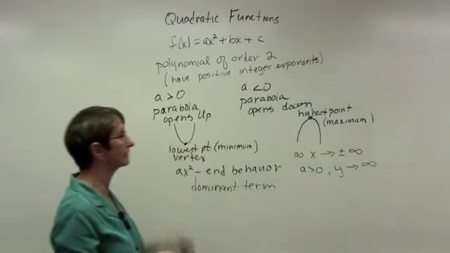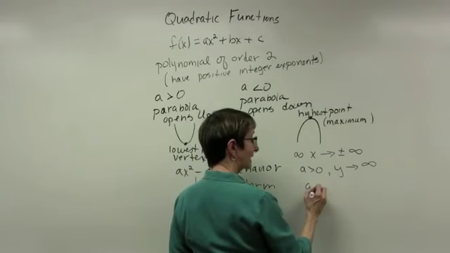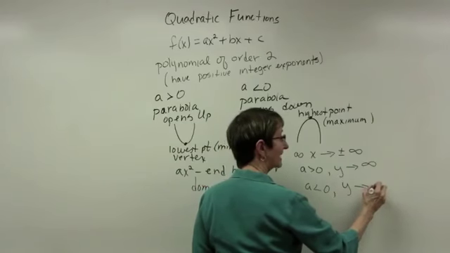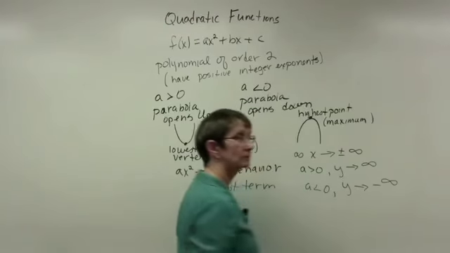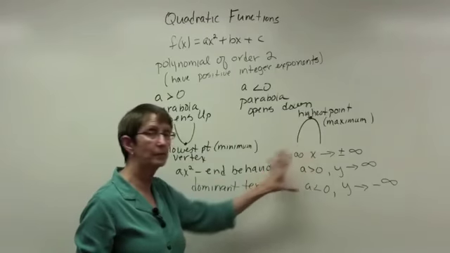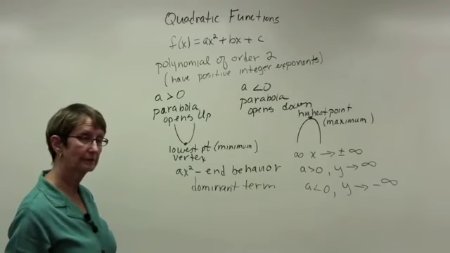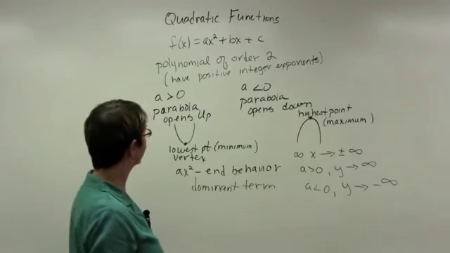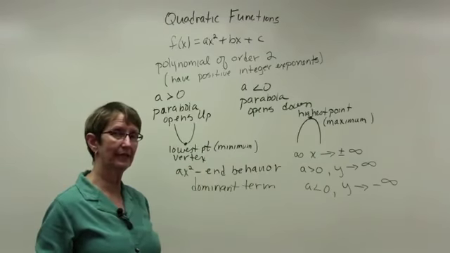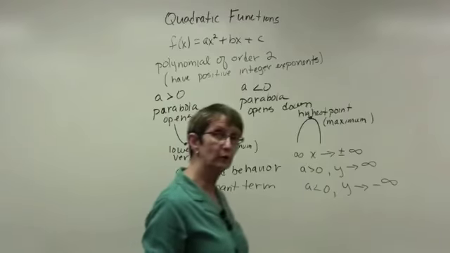And if a is negative, the y values approach a very large negative number, negative infinity. That's what we call the end behavior of our function. Let's look at how we can figure out exactly what the vertex is with a particular problem.